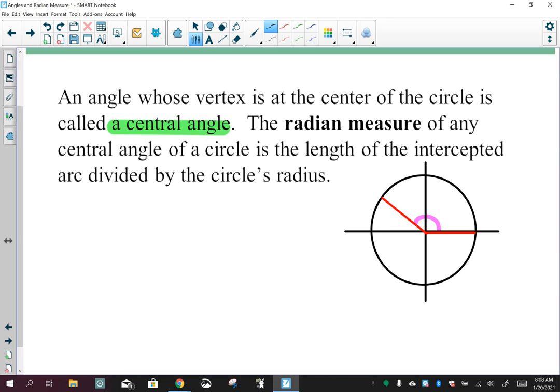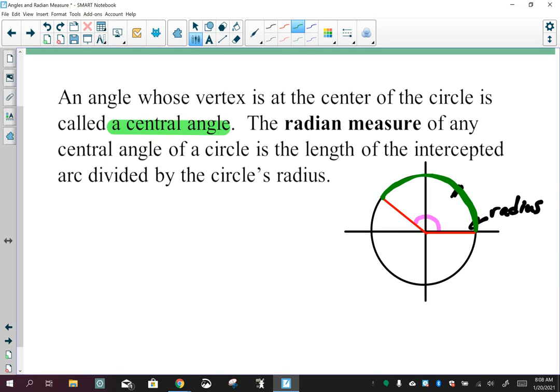The radian measure of any central angle of the circle is the length of the intercepted arc, this piece right here, divided by the radius. Remember back from geometry, that's your radius. Your terminal side and your initial side should be the same length, because that's going to be your radius. And this piece right here is what's called the intercepted arc.